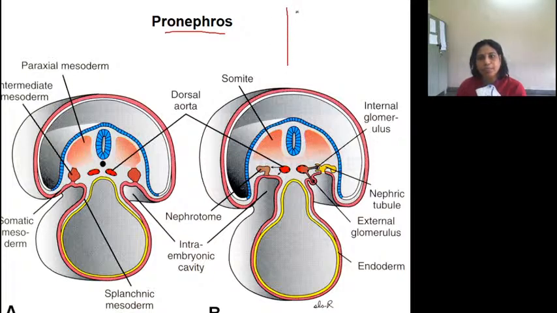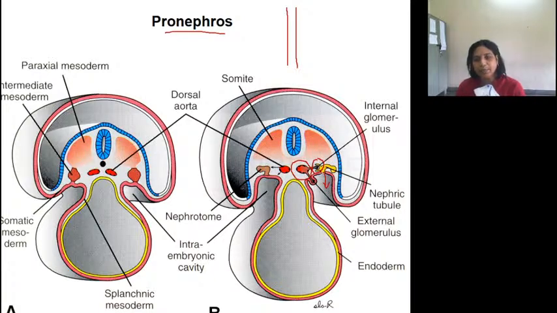The pronephros will have an unsegmented part of mesoderm which is present in the cervical region, and in that, on either side of the midline, is the pronephric ridge. This gives rise to the primitive pronephros, which has excretory units with the glomerulus, draining into the coelomic cavity.